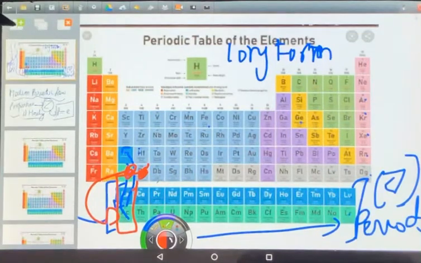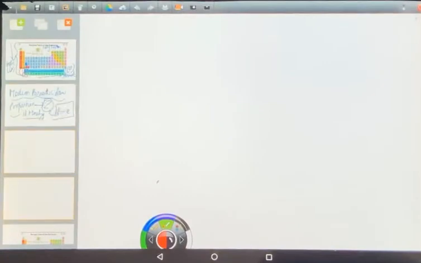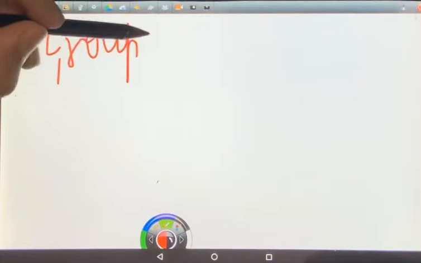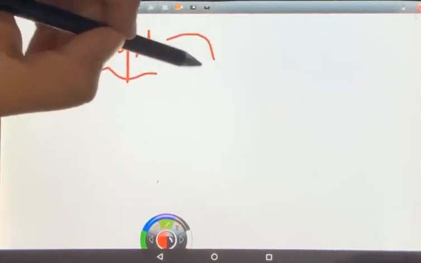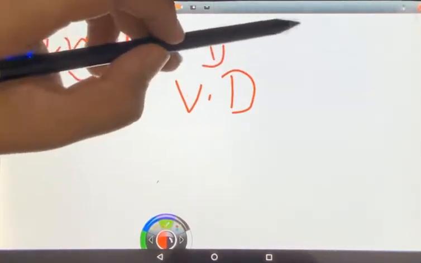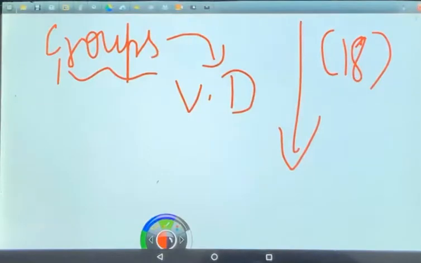Now talking about the groups and periods in detail. When we talk about groups, it is the vertical distribution, like this. This is the group and there are 18 groups as we just counted. Now what is special in the group?